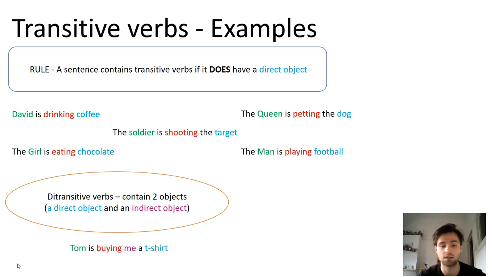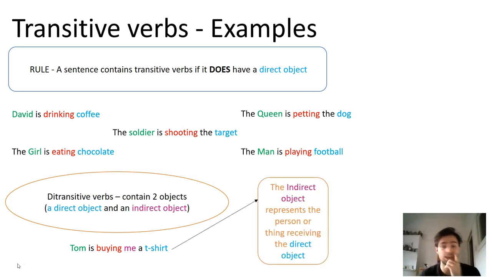Okay, so an example of this would be Tom is buying me a t-shirt, where me is the indirect object and t-shirt is the direct object.